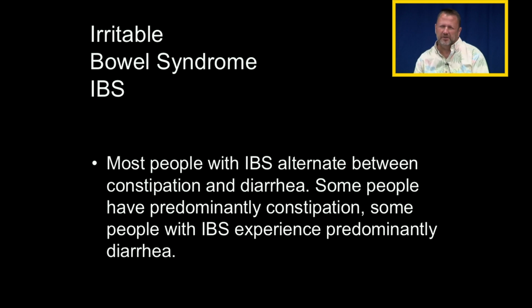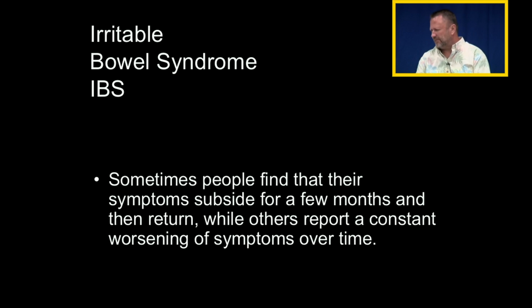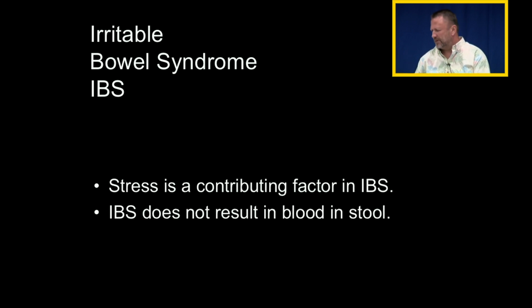The old descriptions are that people with irritable bowel syndrome will have constipation for a few weeks and then diarrhea for a few weeks, and it'll go back and forth. There are people who always have constipation with their irritable bowel syndrome. There are people who always have diarrhea with their irritable bowel syndrome. Sometimes people find that their symptoms are continuous and never go away with help. Other people, their symptoms can come and go.